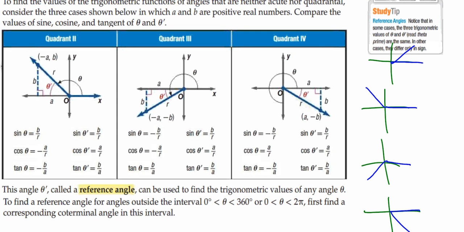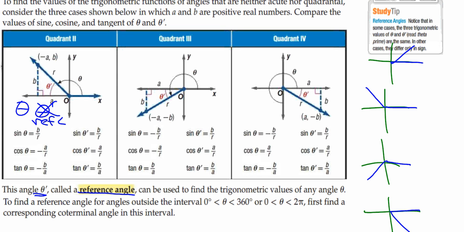They're going to call this theta and theta prime. Because I'm writing on the smartboard and it's hard to see that prime, I generally call this the reference angle, which is what it is. I sometimes don't even use the theta. I just say my ref angle.